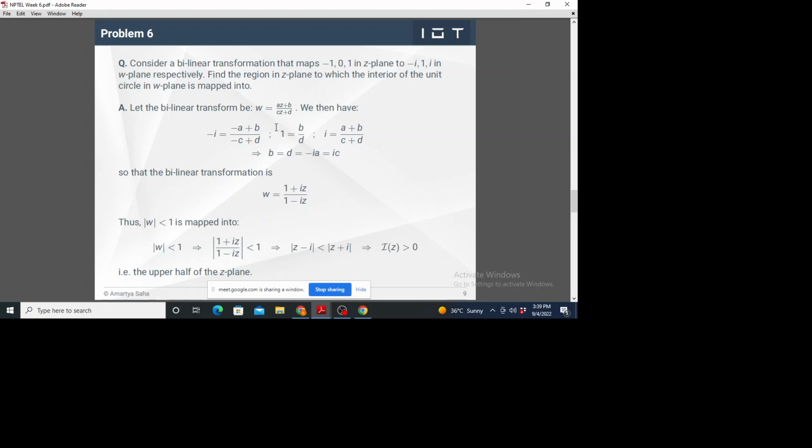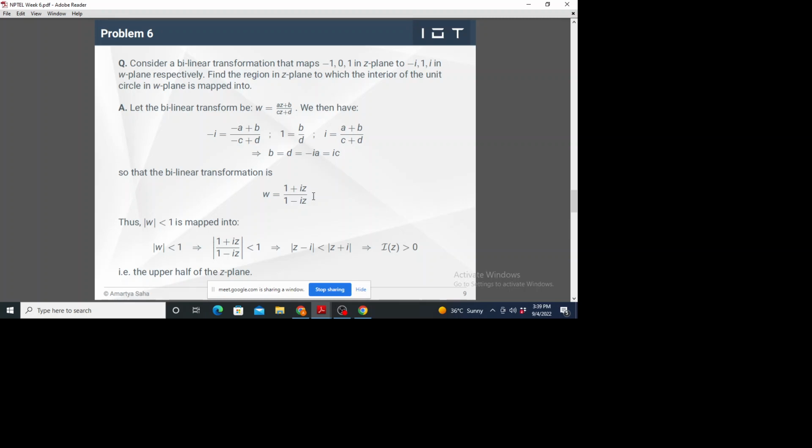And so we simply substitute A, C, and D in terms of B. If we do this substitution in W equal to (AZ plus B) by (CZ plus D), we will get this: W is equal to (1 plus iZ) divided by (1 minus iZ). So nothing, just simply substitute A, D, and C in terms of B. Or you can choose to do other substitutions also.